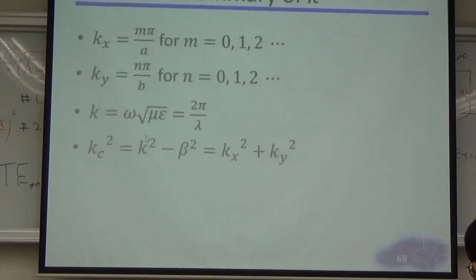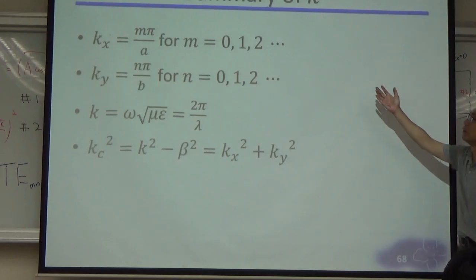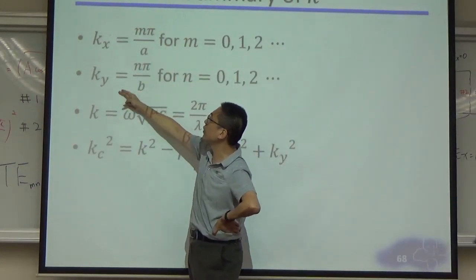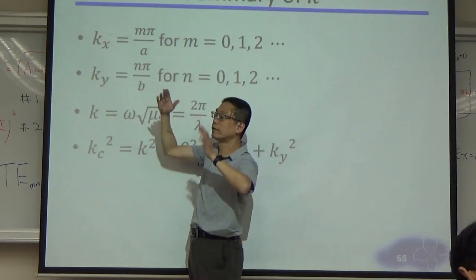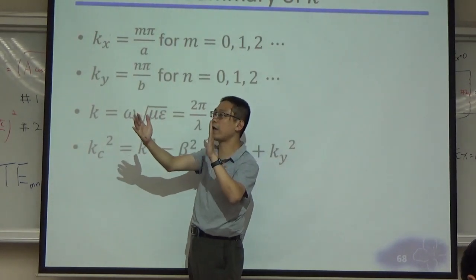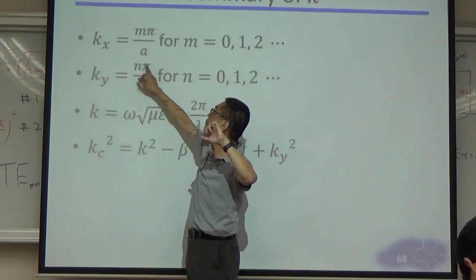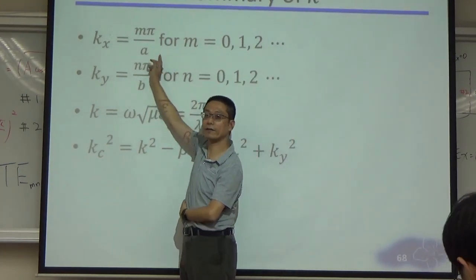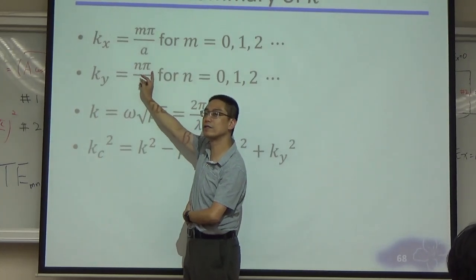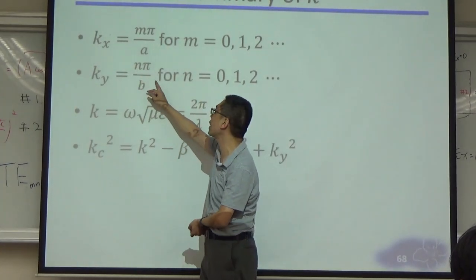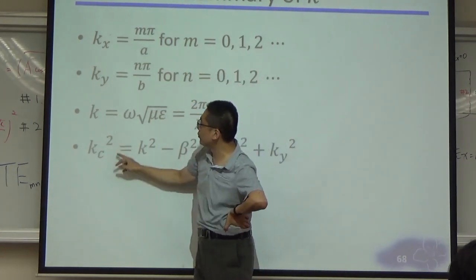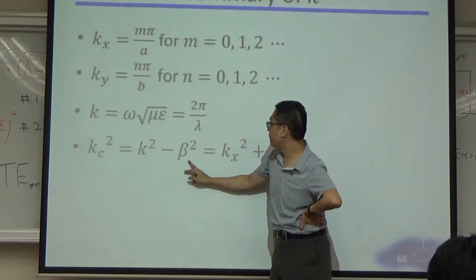Okay, I just quickly reviewed the answer. Finally, you have the cutoff wave number for the x direction and y direction depending on the physical lengths A and B. It is how many times of pi, because you want the sine wave to equal 0. After you do that, you can calculate beta.